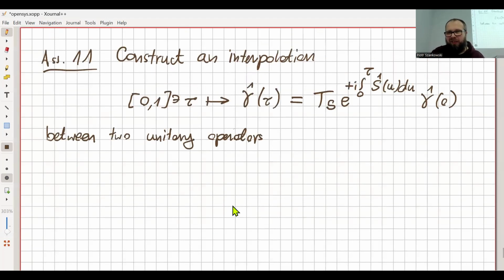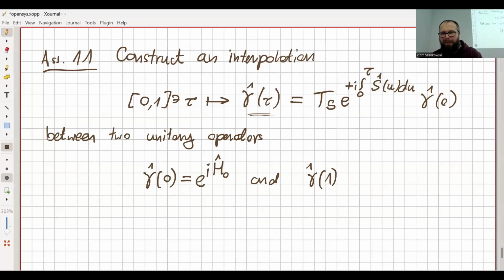Gamma is supposed to interpolate between gamma 0 equals e to the i h0, some Hermitian operator h0, and gamma 1, which is some e to the i h1.